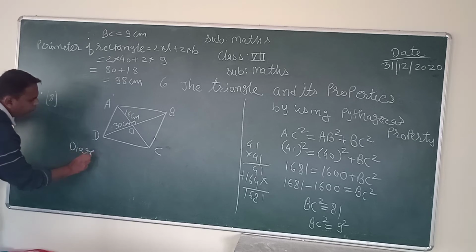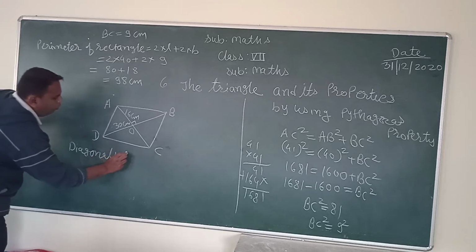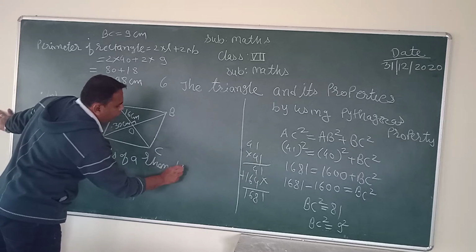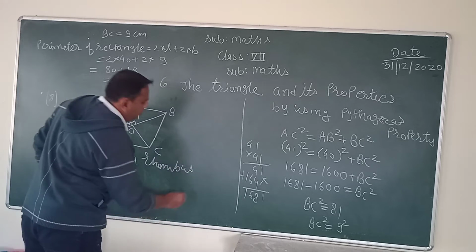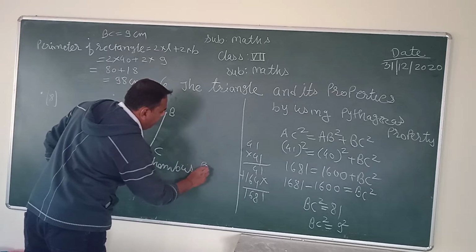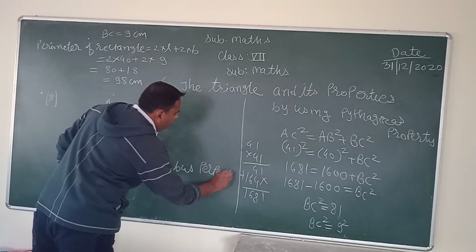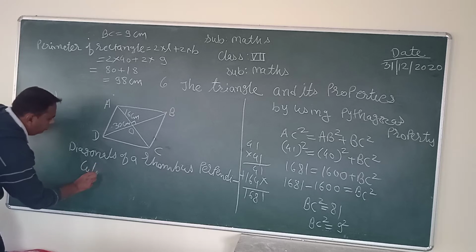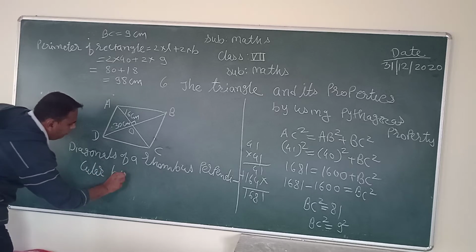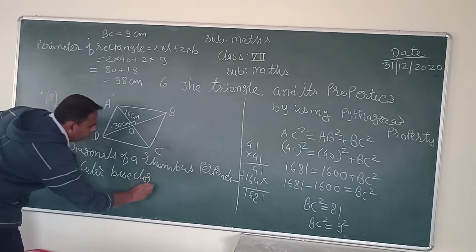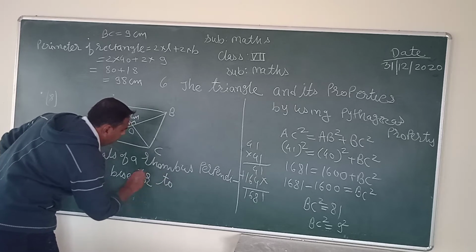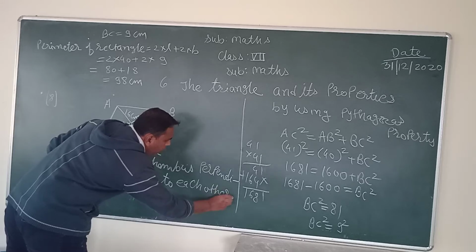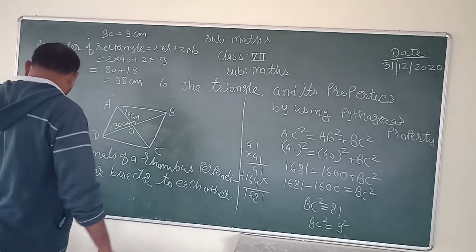Diagonals of a rhombus perpendicular bisector to each other. मतलब perpendicular भी होंगे और bisect भी होंगे.